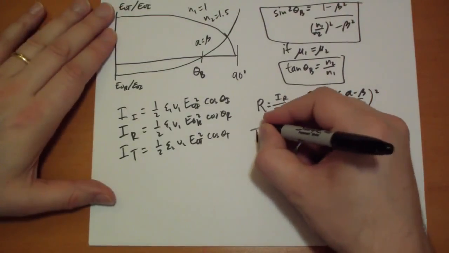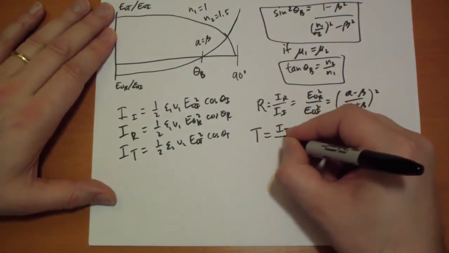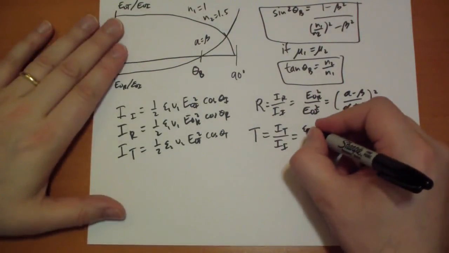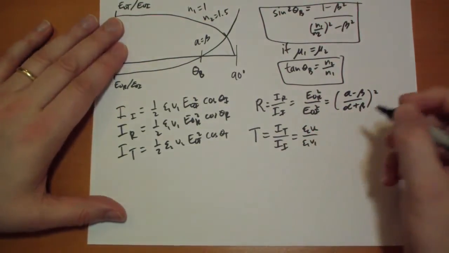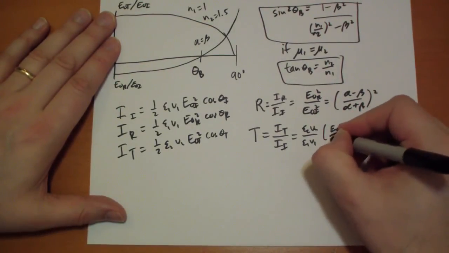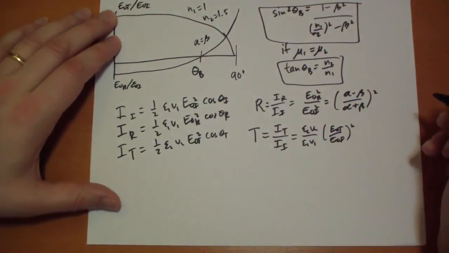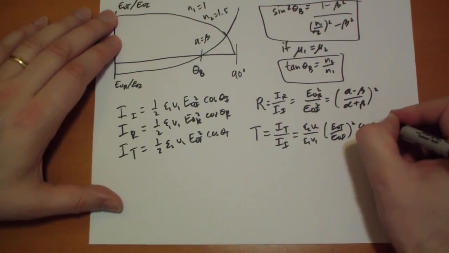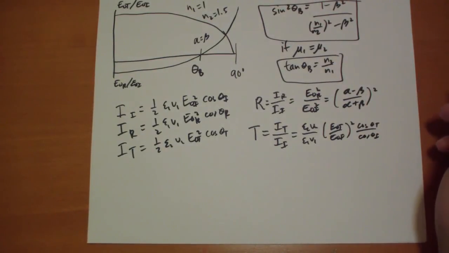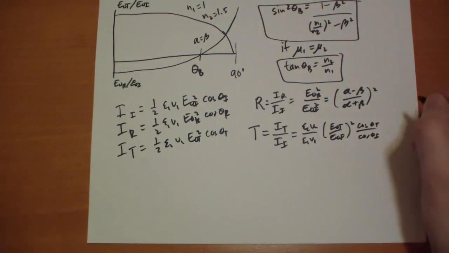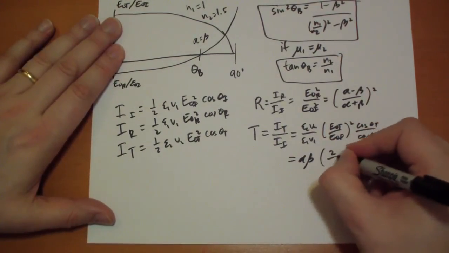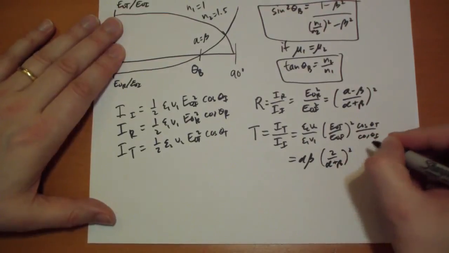But for the transmission coefficient, that's the transmitted divided by the incident, that is going to be E2 V2 over E1 V1 times E naught T over E naught I squared, and then the cosine theta T over theta I. You can reduce this down to the simple formula alpha beta 2 over alpha plus beta, squared.